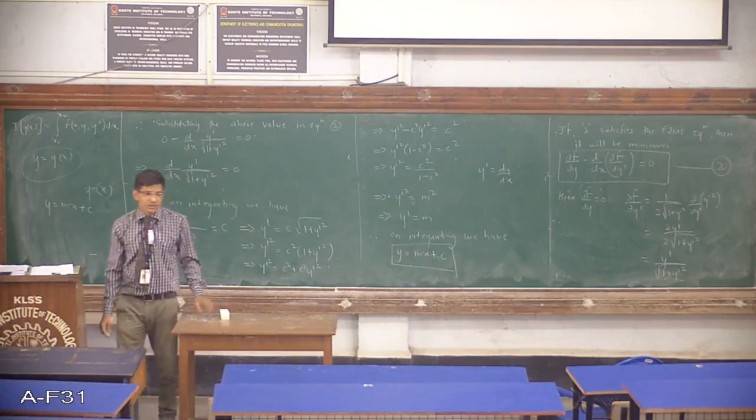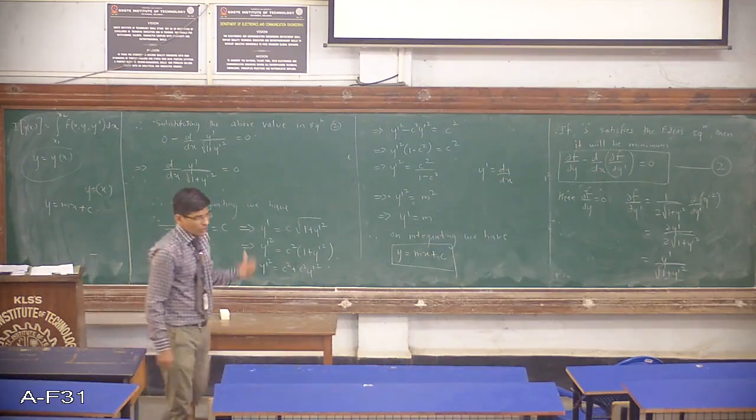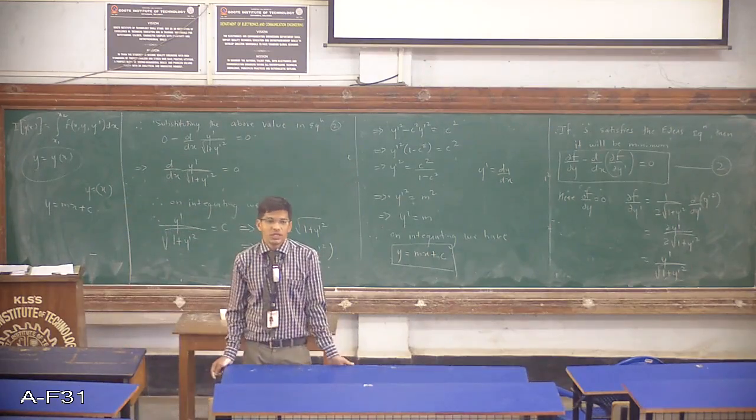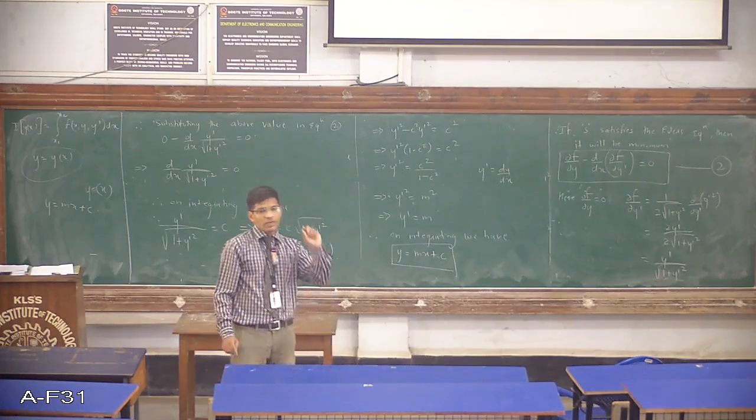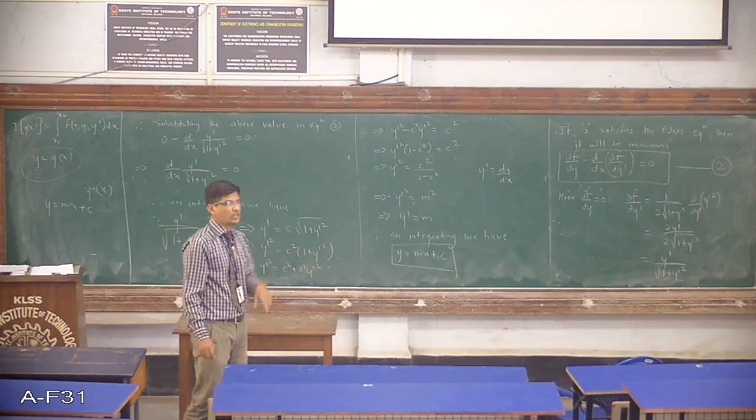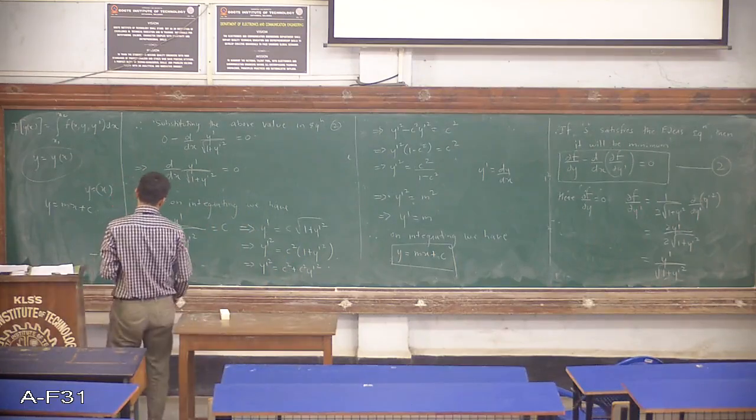So the first thing is to identify what type of application or question is being asked. It is a geodesic problem wherein you need to find the least curve or the shortest distance, which is always a straight line.